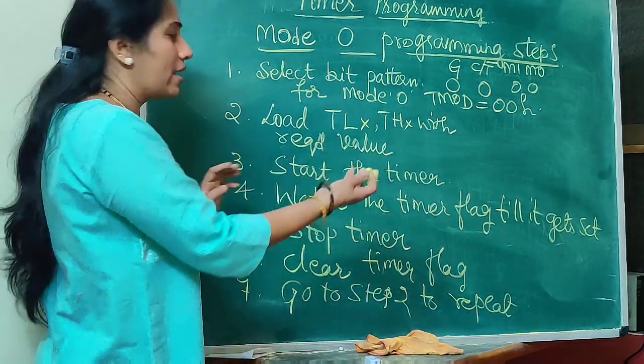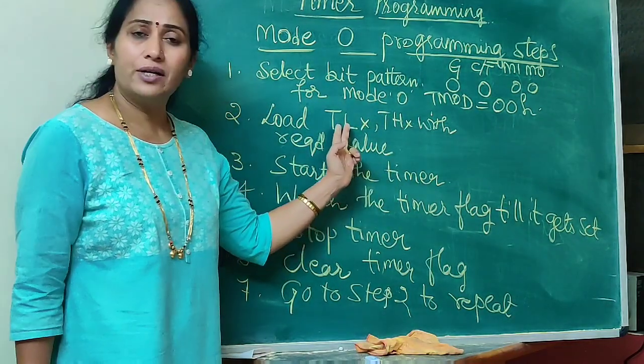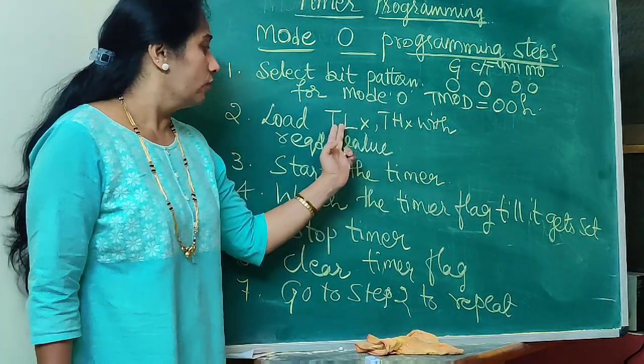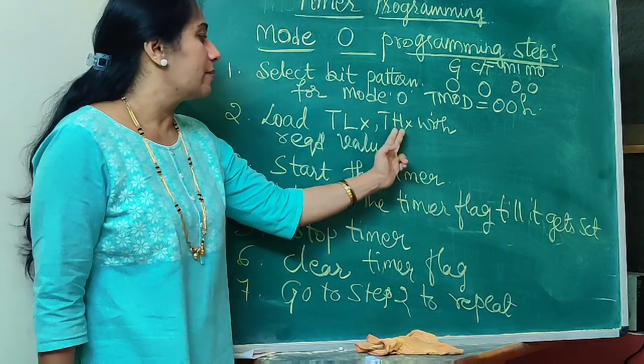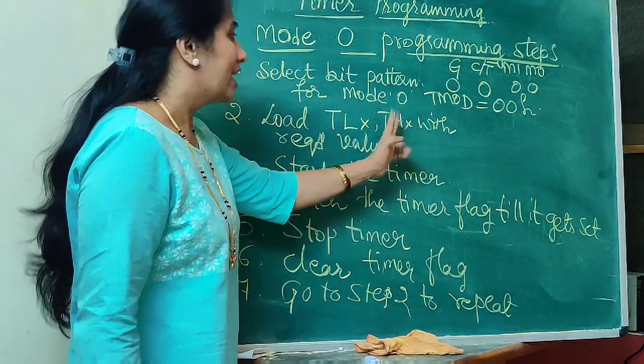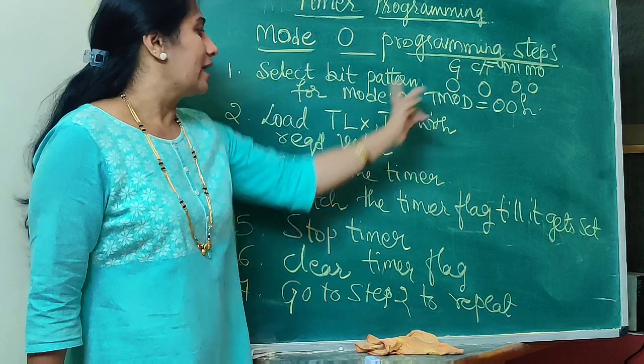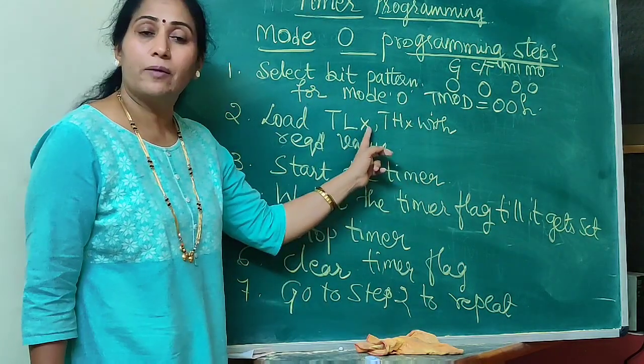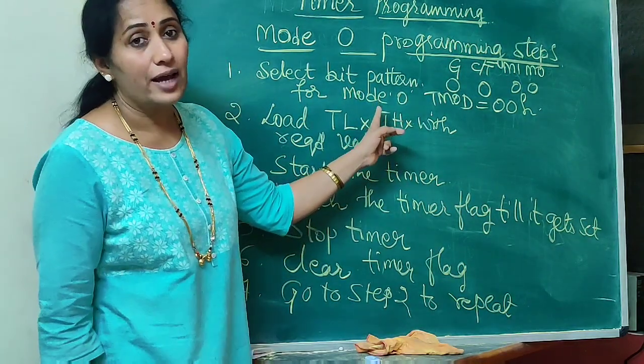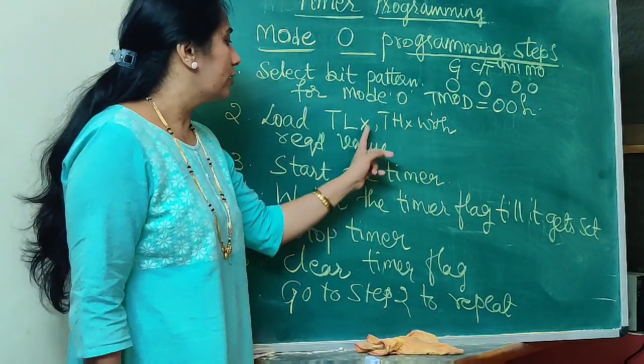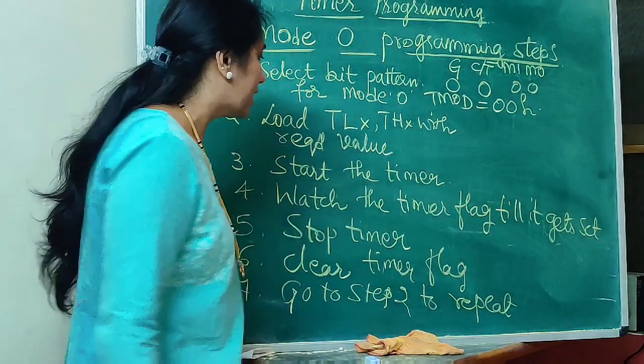According to the requirement, you can load the value in TL and TH. The lower byte will be loaded in TL and the higher byte in TH. If you have selected timer 0, then X is going to take 0, 0. If you have taken timer 1, then you write 1, 1, TL1 and TH1.